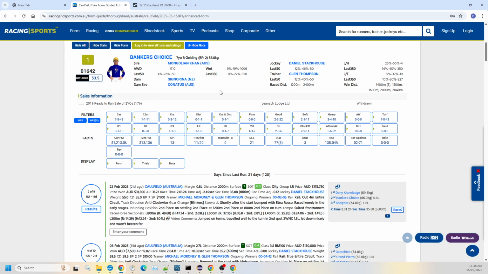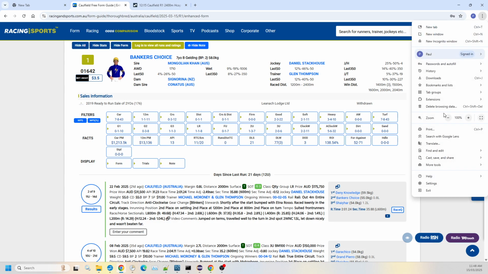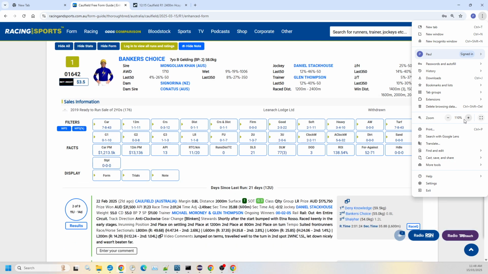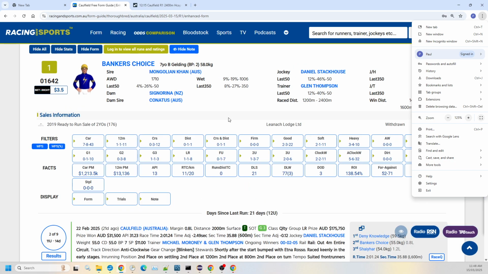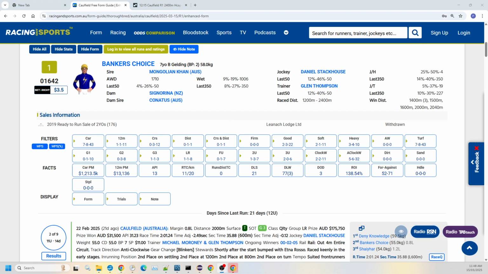The race runs in about 30 minutes, so it gives us a bit of time to work through the selections before the race. Now, what you will need to do is find some place where you can get some form. I'm just using Racing and Sports here because it was a bit easier as a place to find the actual form. And I've just zoomed in there so you can see what I'm going to be looking at.